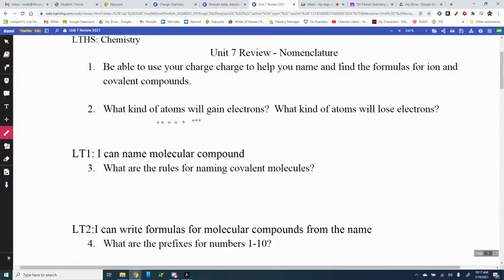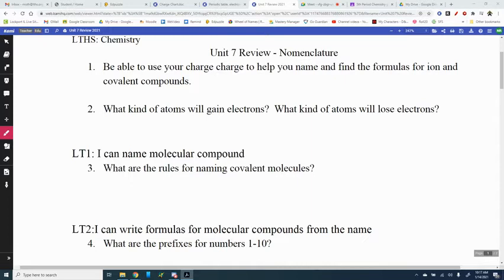Okay, what kinds of atoms will gain electrons? What kinds of atoms will lose electrons? If we have an atom that gains an electron, it becomes a negative ion. Generally, when we have a negative ion, that is a non-metal. And then the opposite is true for what kinds of atoms will lose electrons.